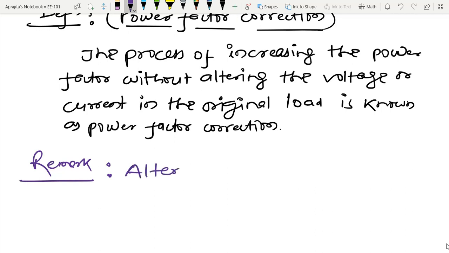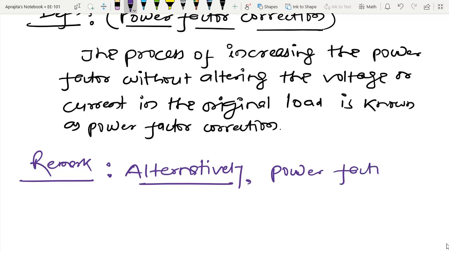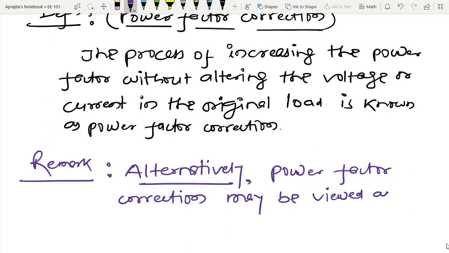So alternatively, power factor correction may be viewed as the addition of a reactive element.